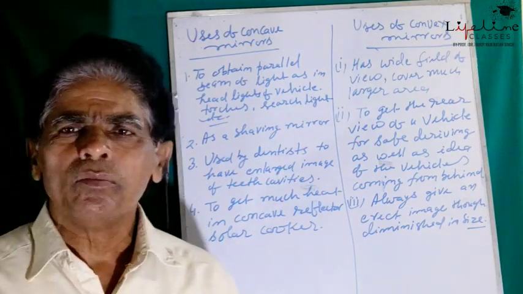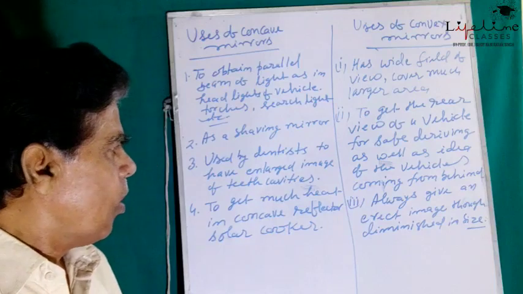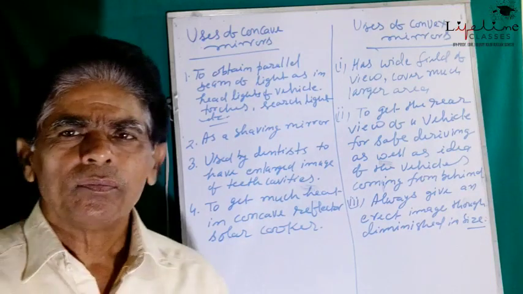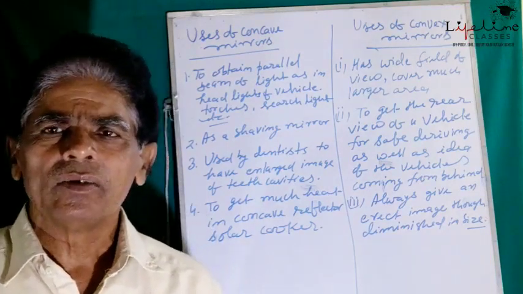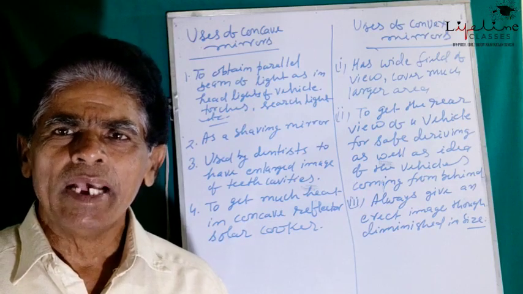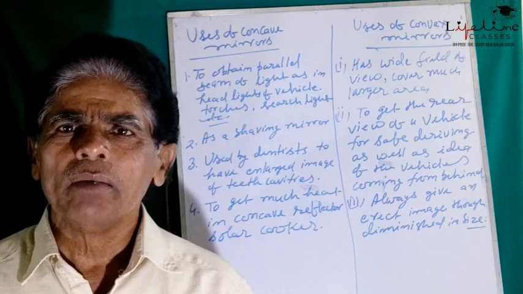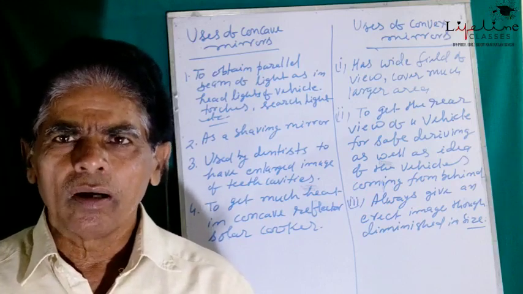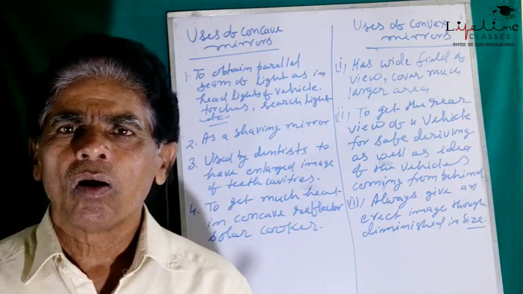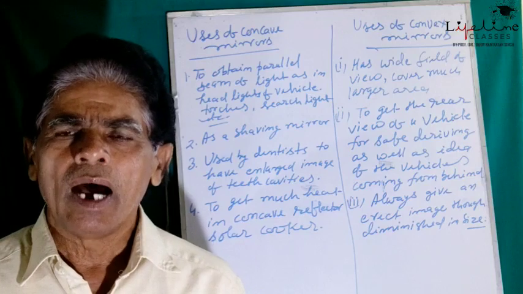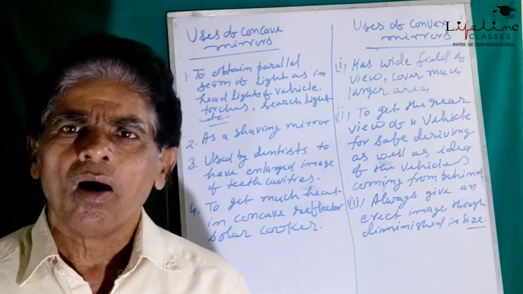Another use of the convex mirror is that it always gives an erect image of the object. So it doesn't depend whether the objects or the vehicles are near or farther.